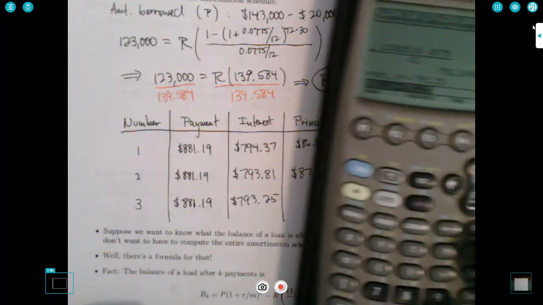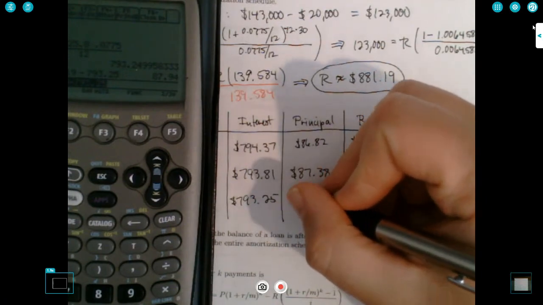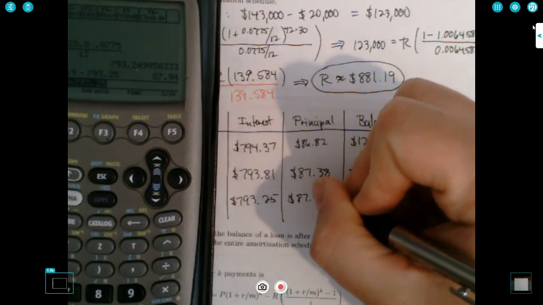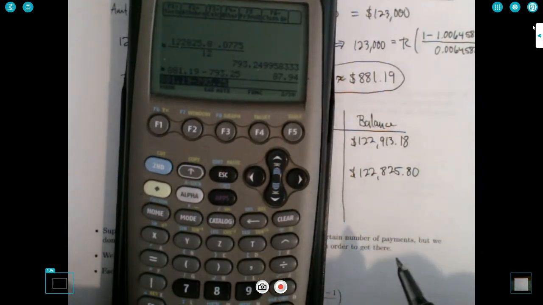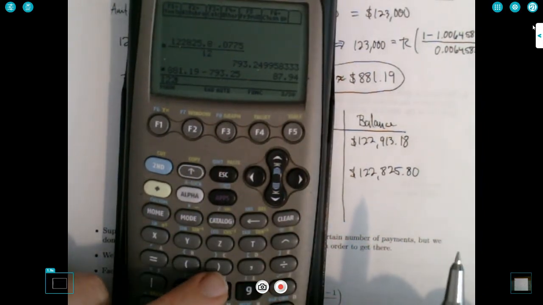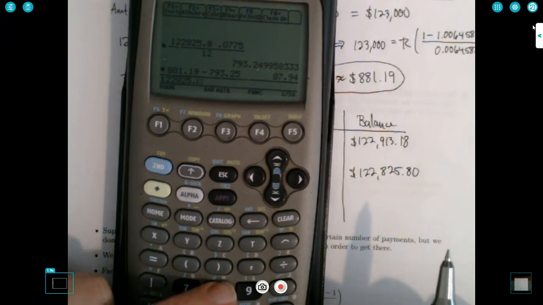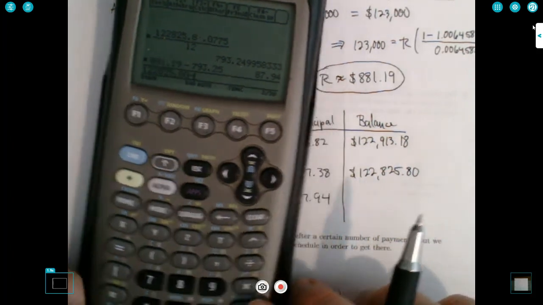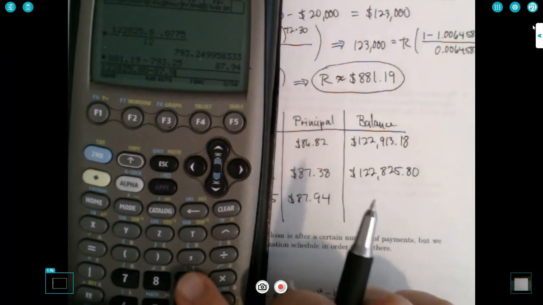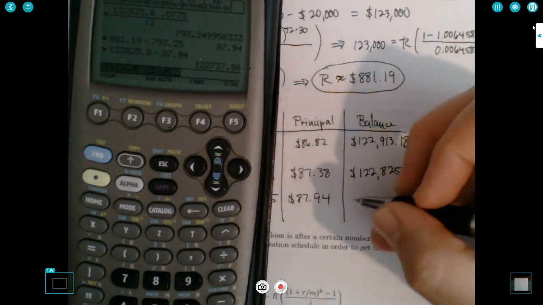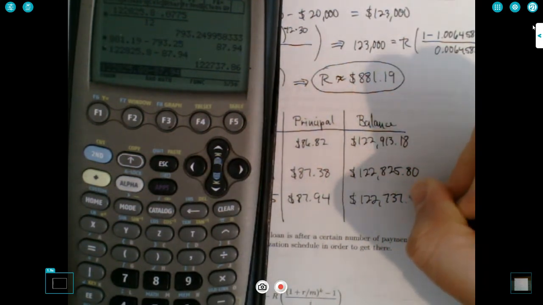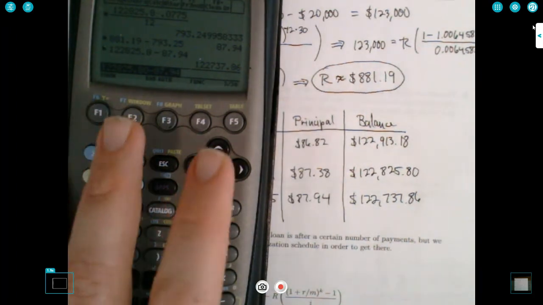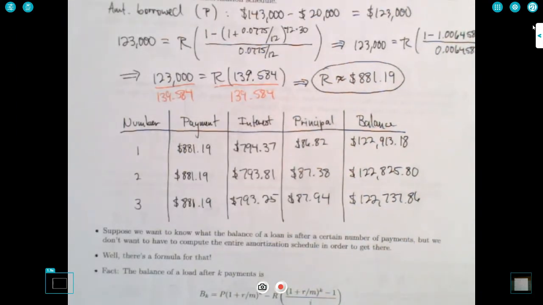So that's $87.94. So the balance at the end of that month is $122,825.80 minus $87.94. And that comes out to $122,737.86. Okay.